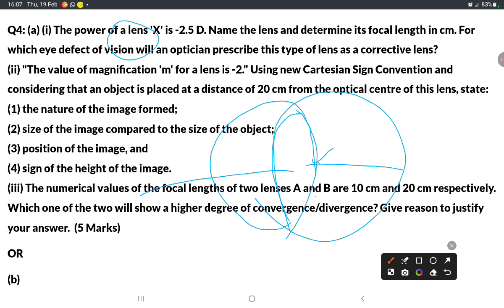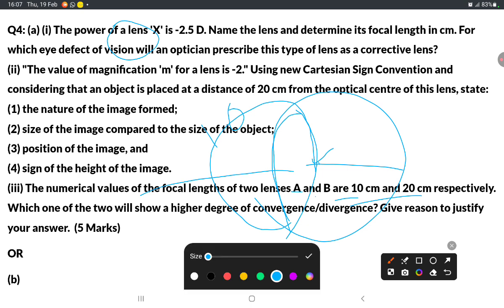So A and B are given, two 10 centimeters, two focal lengths. That means, for example, this has a 10 centimeter focal length. I will change the color, 1 minute. For example, this has a 10 centimeter focal length and this has a 20 centimeter focal length. That means both lenses are different, not equal lenses. So it is not an equivalence.